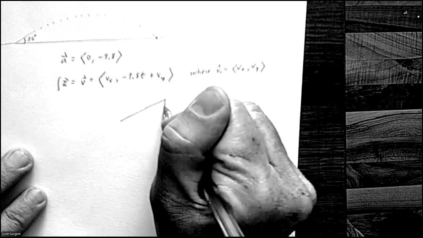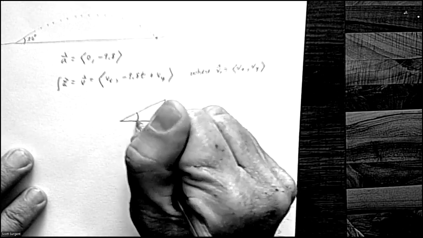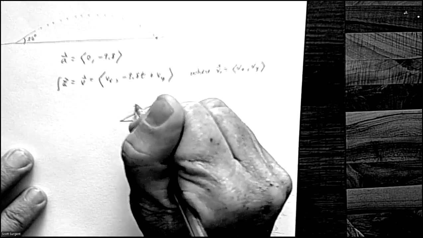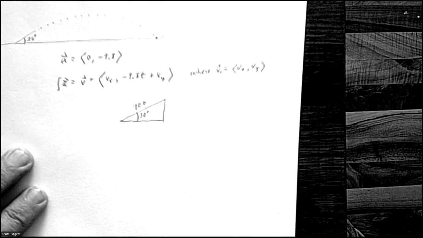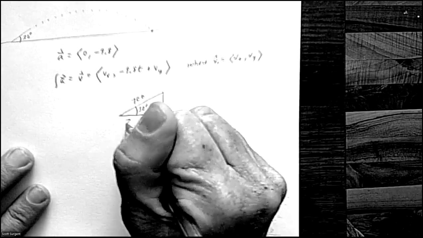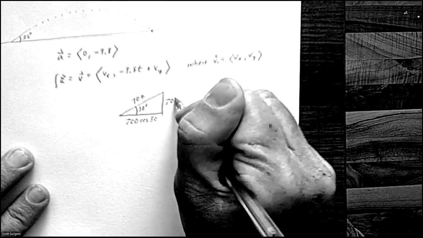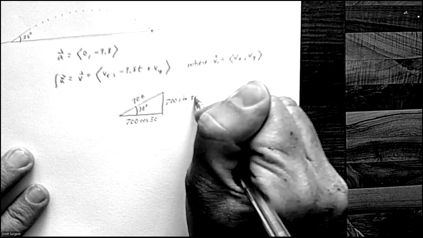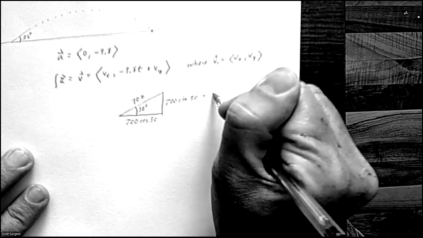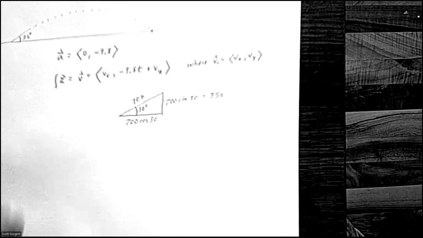Then that's where I can create a triangle, and I know that 700 meters per second is the hypotenuse. So this would be 700 cosine 30, and this would be 700 sine 30. Sine 30 is just a half, so it becomes 350.